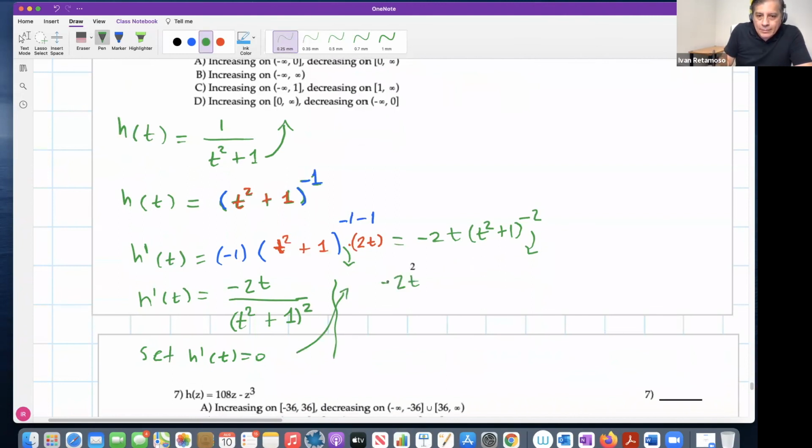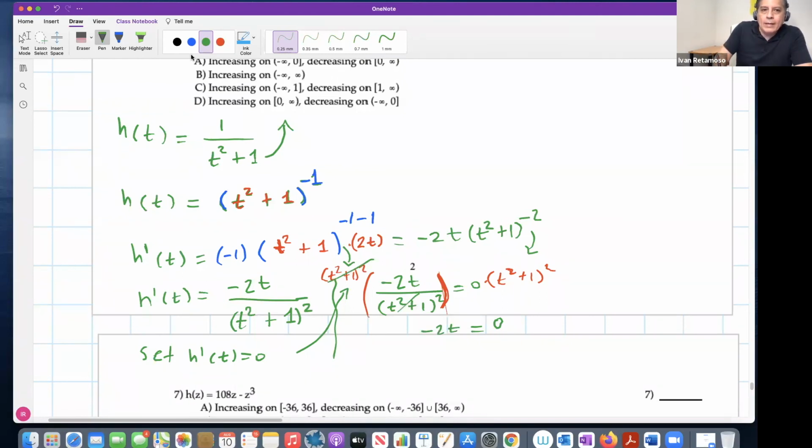Minus 2t over (t squared plus 1) squared equals 0. Multiplying both sides of this equation by (t squared plus 1) squared, we get rid of the denominator, and the right side will be 0. So this cancels, leaving minus 2t equals 0.